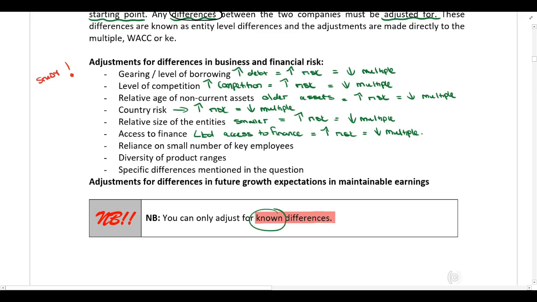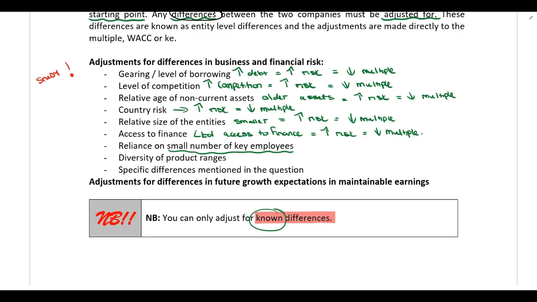The next difference that we need to consider is reliance on a small number of key employees. And if we have a company that is reliant or dependent on a very small number of key employees, that increases their risk. Because if one of those employees leave, that could have disastrous effects for the company.